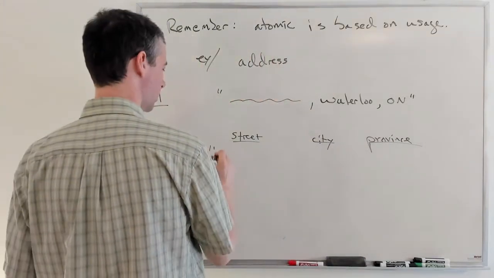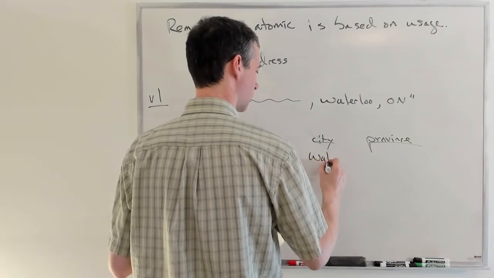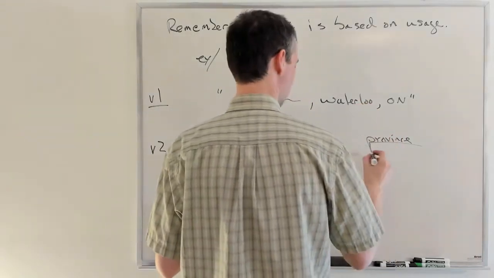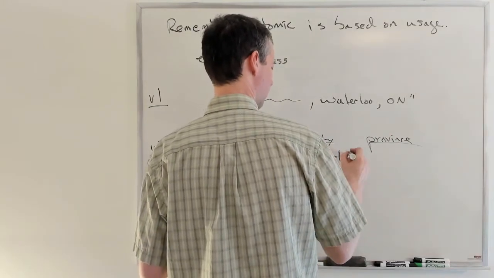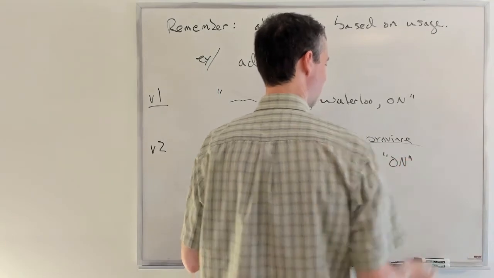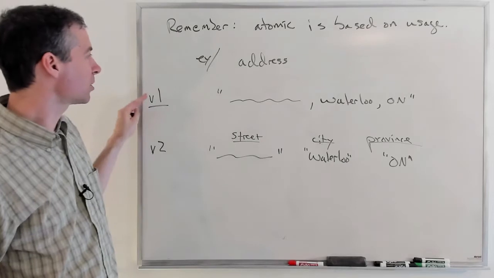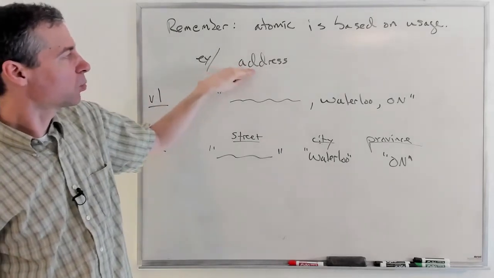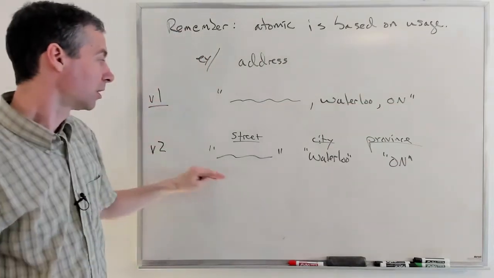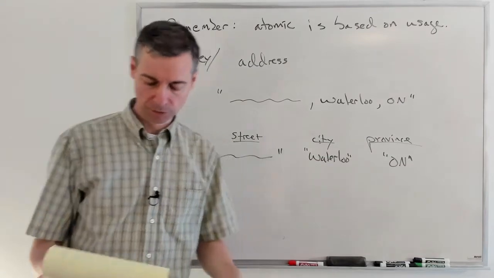The street is whatever that is, my city is Waterloo, and its province is Ontario. So we've got one way, where I just store it as one address column, this long string. And another where it's broken apart into the street part of the address, the city, and the province.